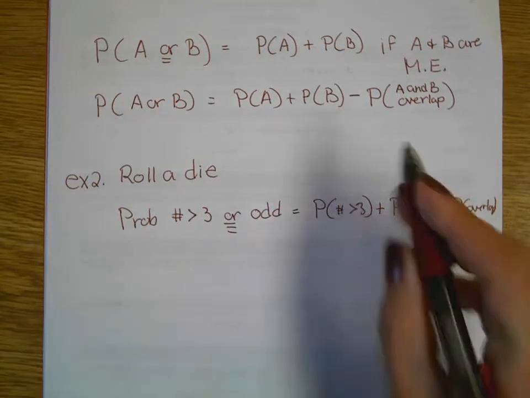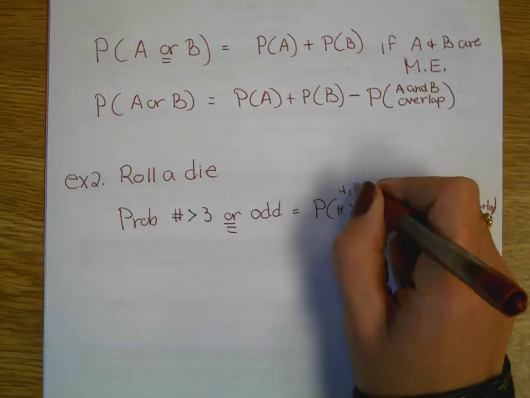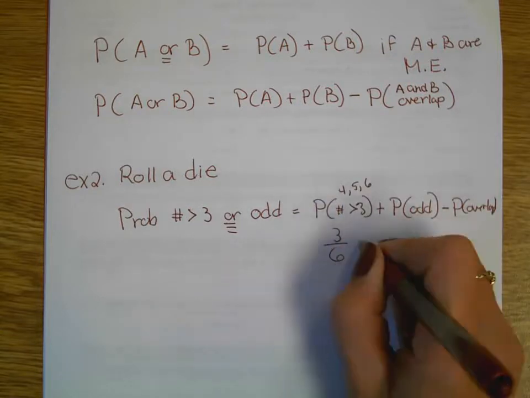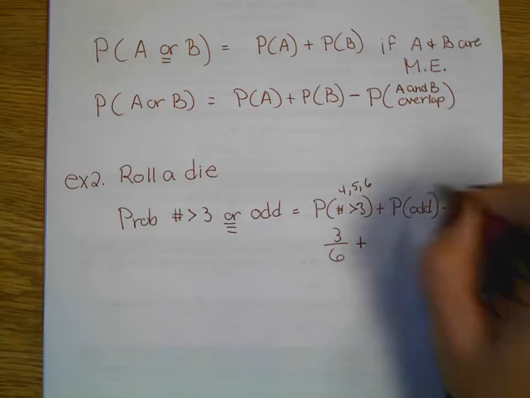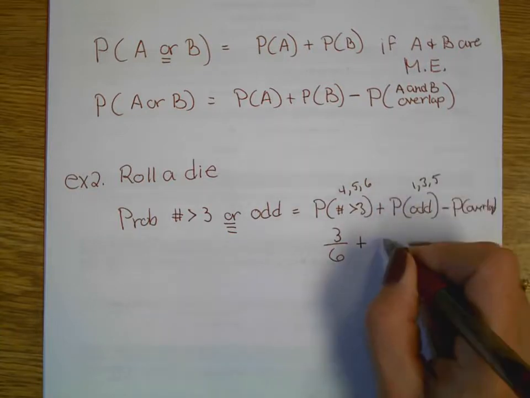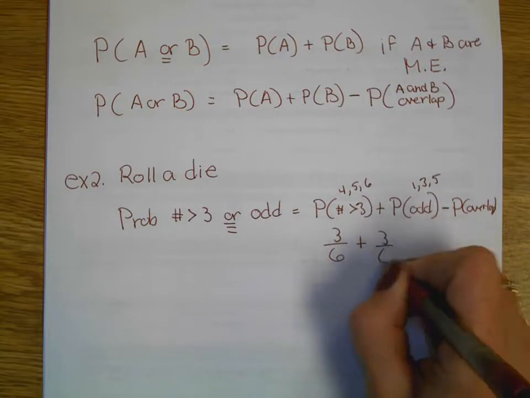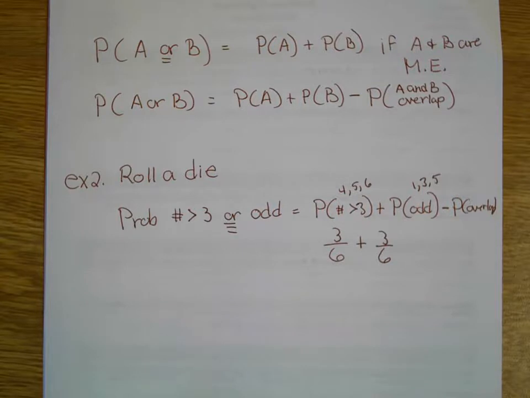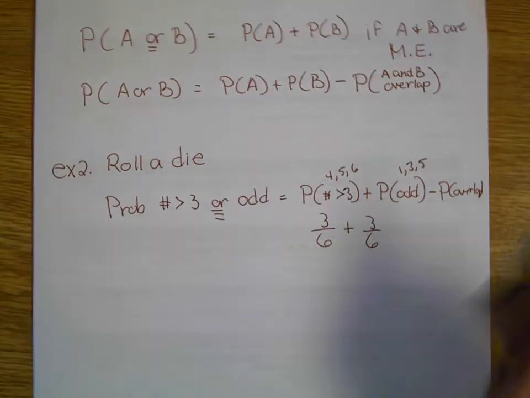So, numbers greater than 3, that's 4, 5, and 6, so there are 3 out of 6 there. Odds, 1, 3, 5, there are 3 there. Well, according to this, I'd have a 100% chance of that happening. Well, not true.